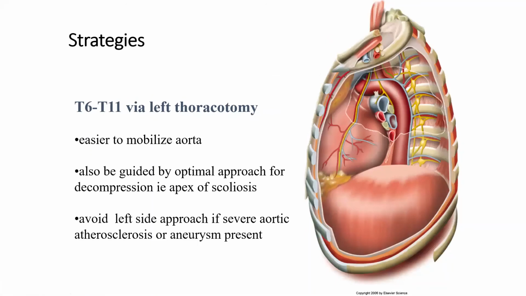You can come on the left at T6 and above, but your aortic arch is very prominent up here. It's going to be in your face. It's quite problematic. It's really a prominent thing that's bumping around, and you can't really mobilize that easily. So above T6, you want to go on the right hand side. Below T6, left hand side for everything.